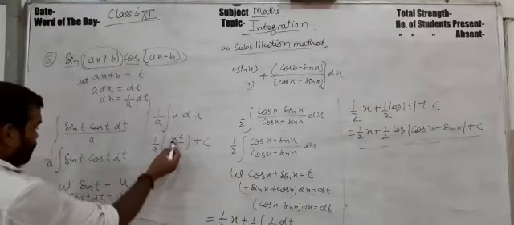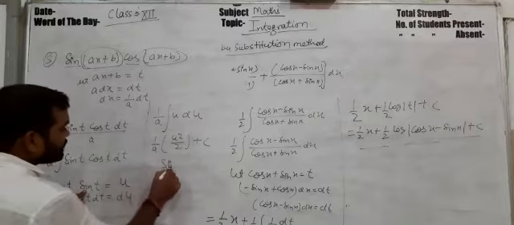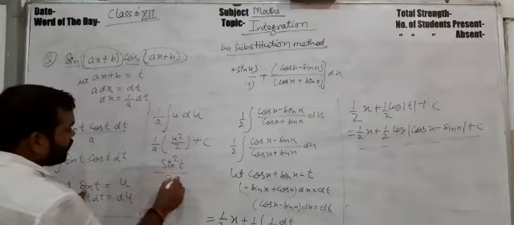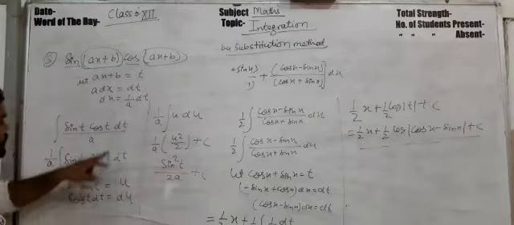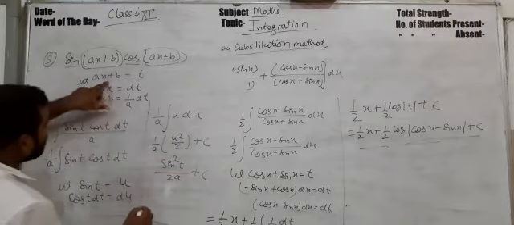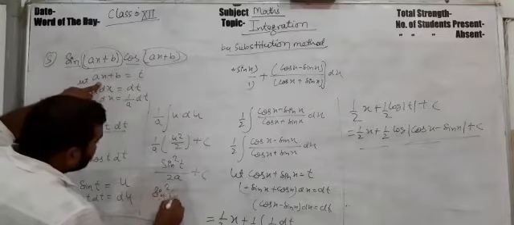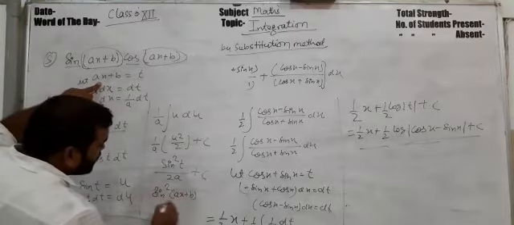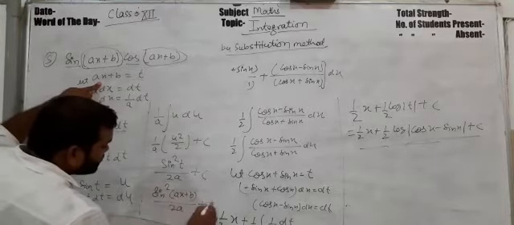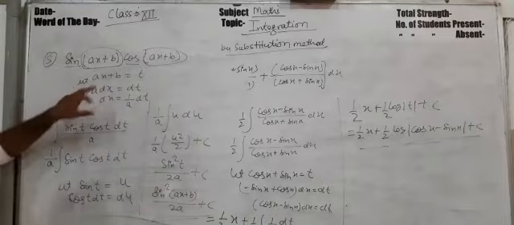Okay, so u is sin t, this becomes sin square t by 2a plus c. Again this t is substituted by ax plus b. So this becomes sin square of ax plus b upon 2a plus c.